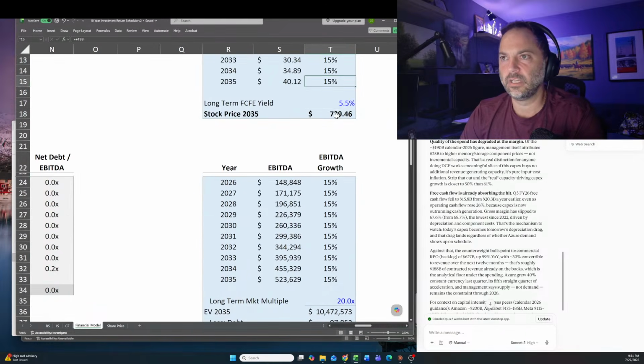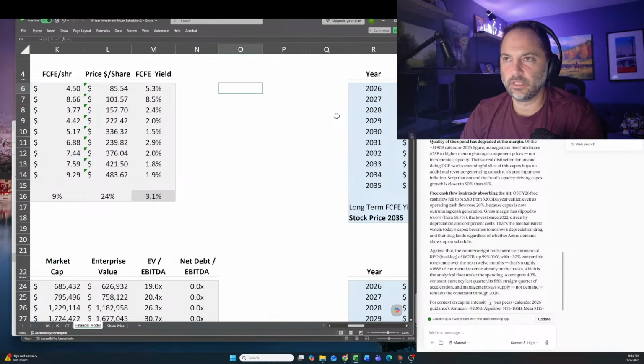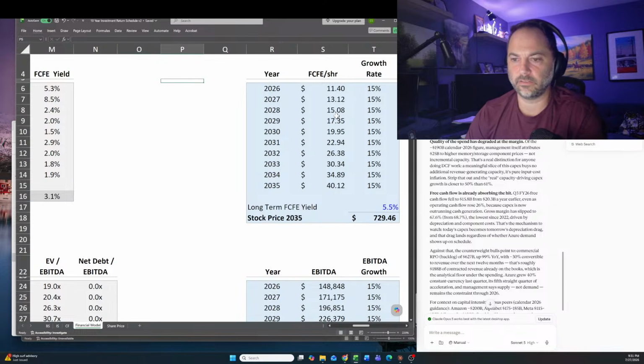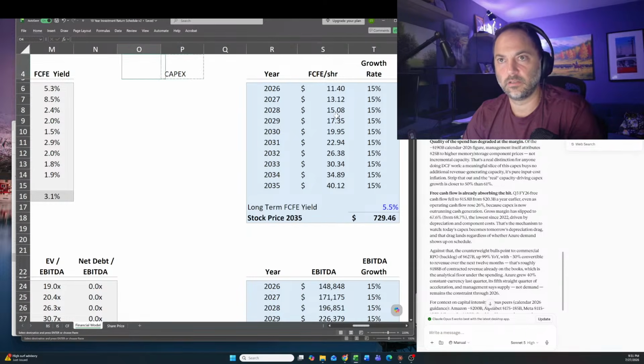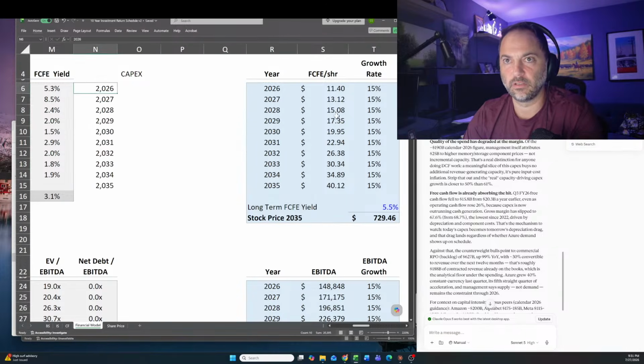But I got sidetracked. Let's look at free cash flow and figure out what we want to do going forward. So if we said cash flow here in 2026 and we had some sort of CapEx estimate, what do we think CapEx needs to be annually? This would be 2026 over here. Just take these numbers, we'll copy them over here.